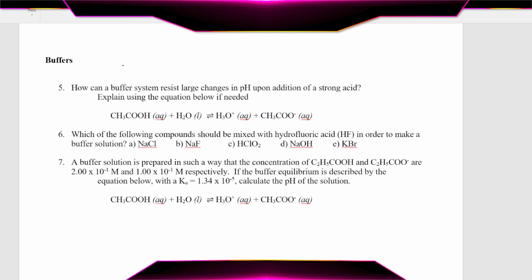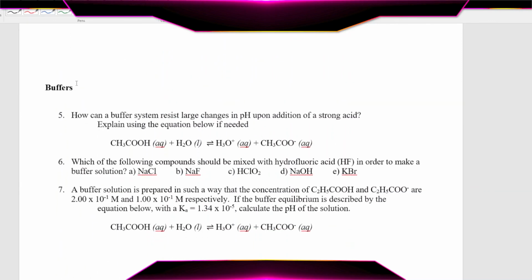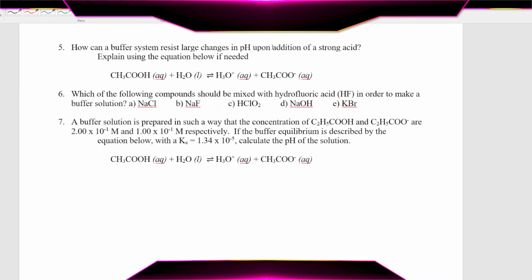All right. First of all, how can a buffer system resist changes in pH upon addition of a strong acid? Well, if you added a strong acid, what's going to happen? If you add a strong acid to a buffer system, it's going to be taken up and neutralized.